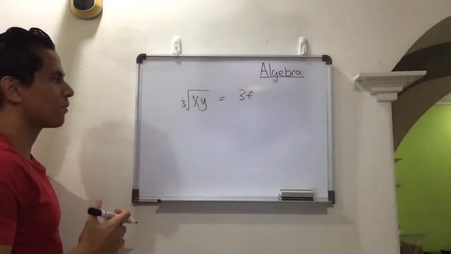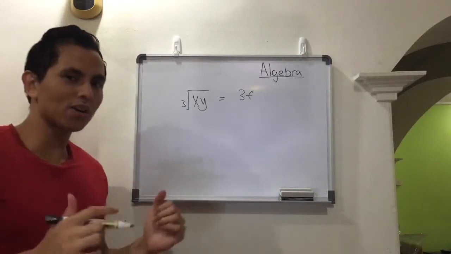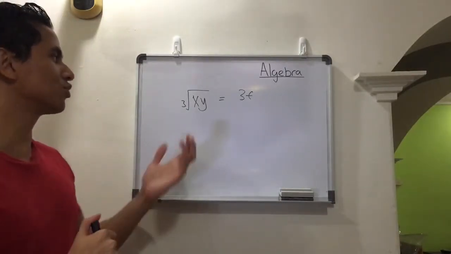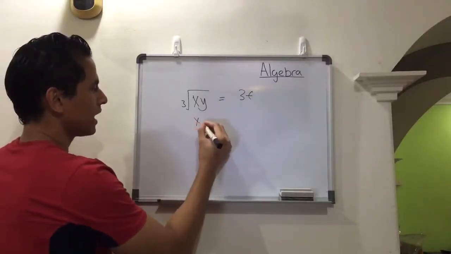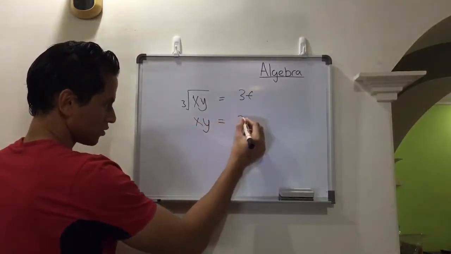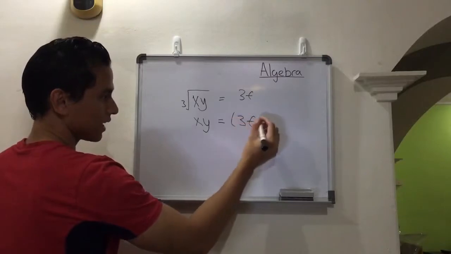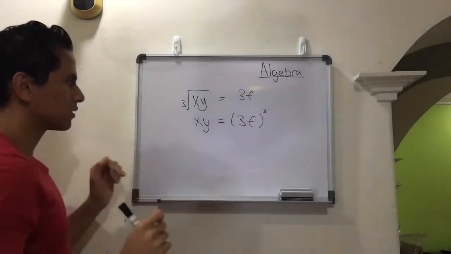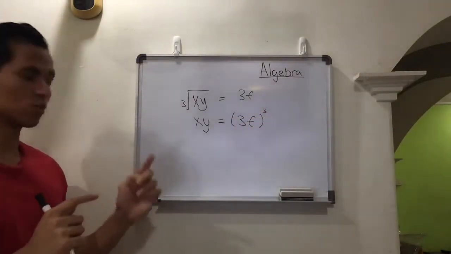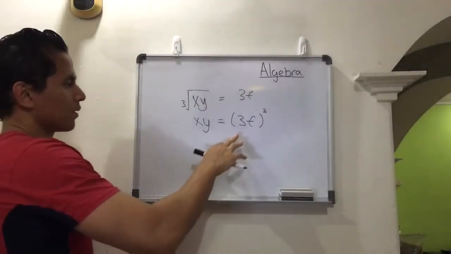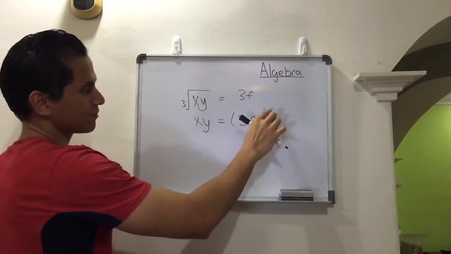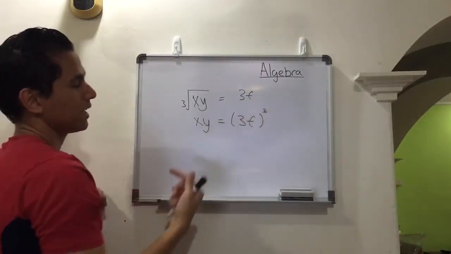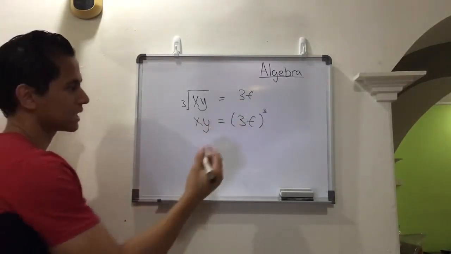So we have a problem. This is a cube root. So how do we get rid of the cube root? We just cube both sides of the equation. Therefore, this gives us xy equals (3f) cubed. Now one important rule we have to remember is that when we are cubing the whole thing, 3 and f, we have to remove the brackets.